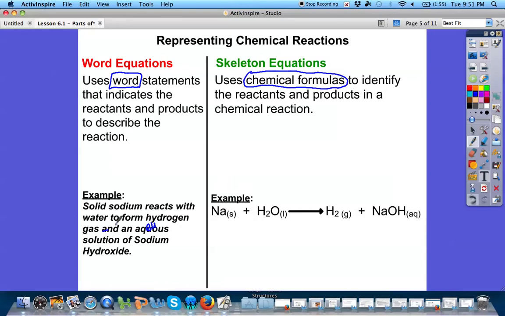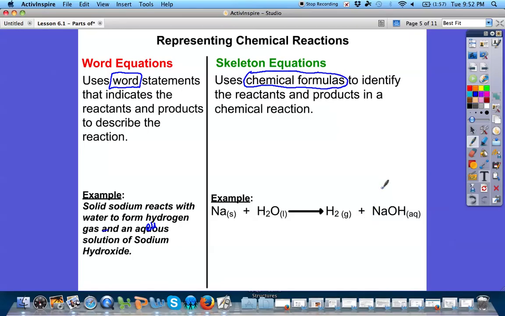So these are the same reactions. Sodium is represented with Na, it's solid, we indicated that with the S. Water, H2O, it's liquid, because we weren't told otherwise. To form, we put in the yield arrow. Hydrogen gas, H2, it is a diatomic, so we had to put a 2 there, and then noted that it was a gas, and a solution of sodium hydroxide.